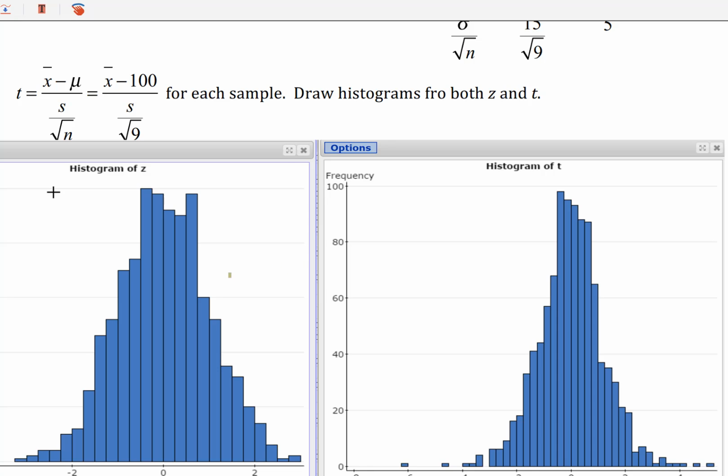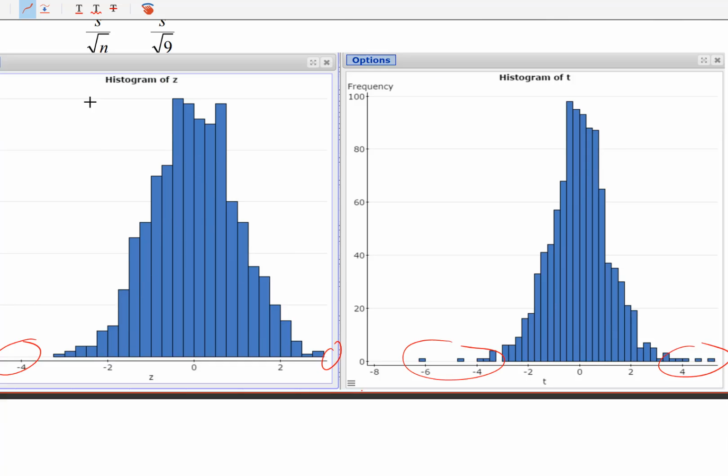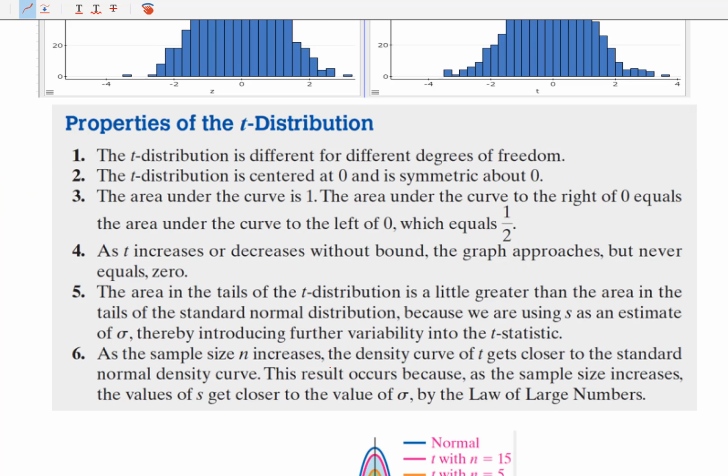We have more area in the tails of these distributions over here, right? There's more area here than there is in this standard normal. So the T distribution accounts for that. As the sample size n increases, the density curve gets closer and closer to the standard normal. Again, that's because of the law of large numbers.